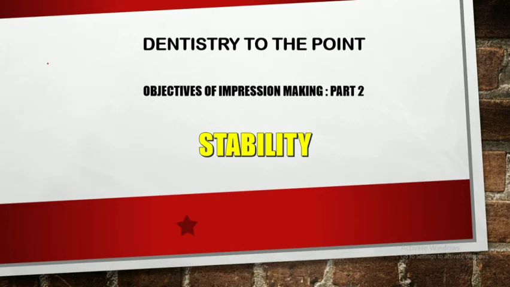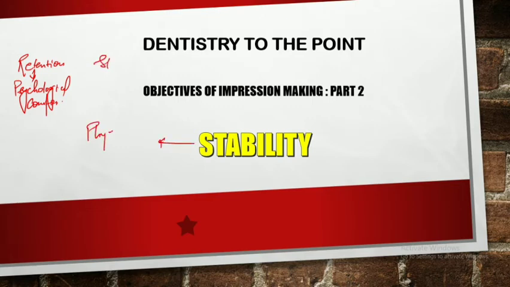In part 1 of the objectives of impression making, we discussed that retention is going to provide psychological comfort, whereas stability is going to provide the patient physiological comfort, right?